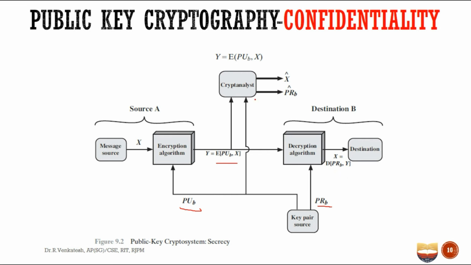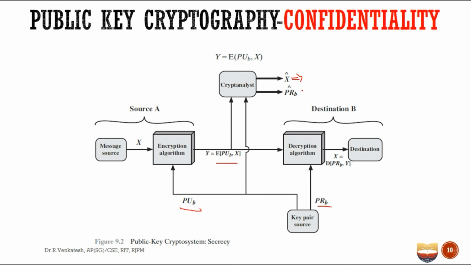In between, there is a cryptanalyst who wants to recover the data. Suppose they want to recover X cap. X cap represents partial knowledge of the plain text, and PRB cap is partial knowledge about the private key.